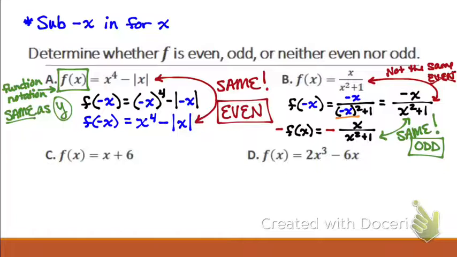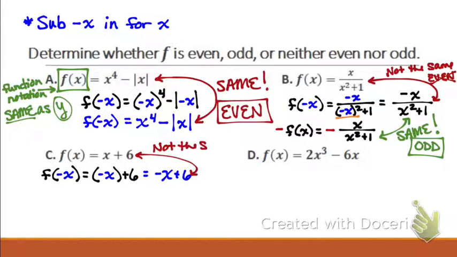Part C. I'm going to take negative x, put it in the place of the x. So I would have negative x plus 6. Are these the same? No. So it is not even. Is this the same as if I took the original and multiplied it by -1, distributed -1 to every piece?